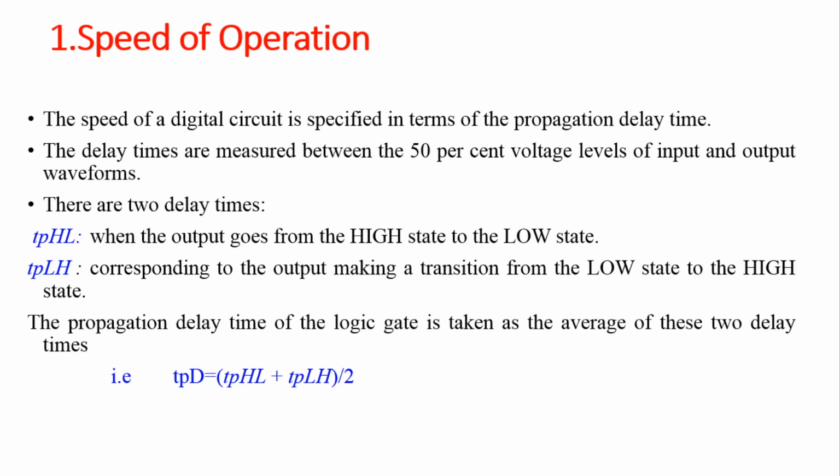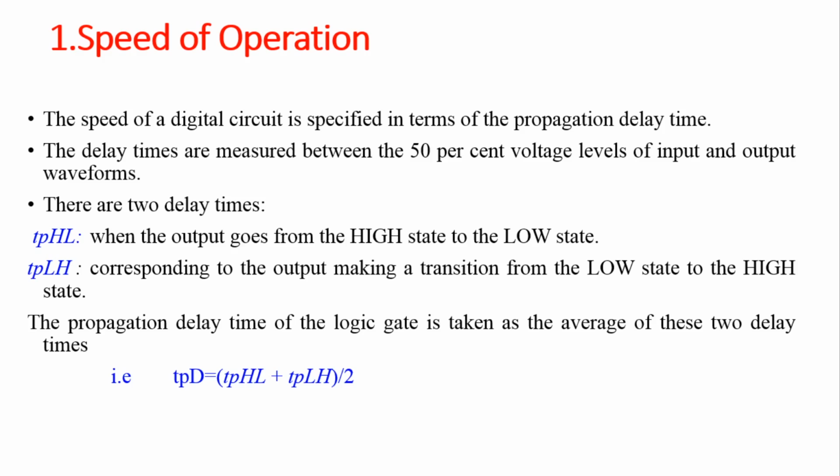Starting with the first one, that is speed of operation. The speed of a digital circuit is specified in terms of the propagation delay time. The delay times are measured between the 50% voltage level of input and output waveform. There are two delay times: TPHL, when the output goes from the high state to the low state, and TPLH, corresponding to the output making a transition from the low state to the high state.